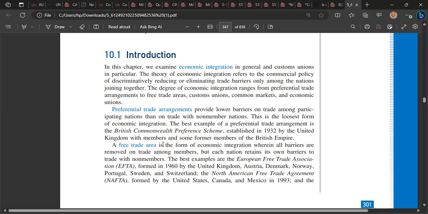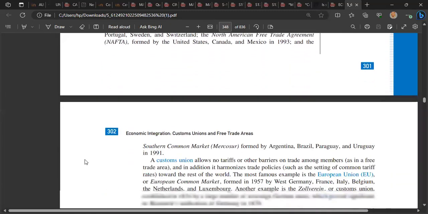Let's say we could have that for regions in Southern Africa, a free trade area where goods move freely between the countries. But for countries outside of the region, that would not apply. So that's what you get for a free trade area.